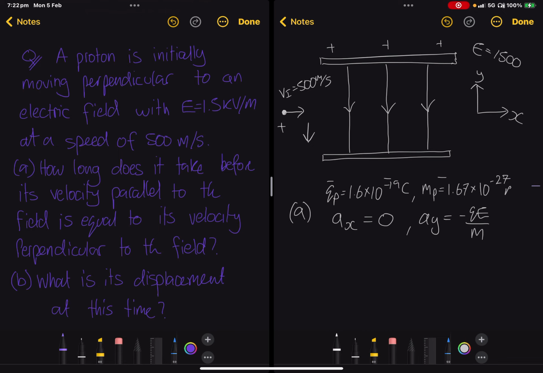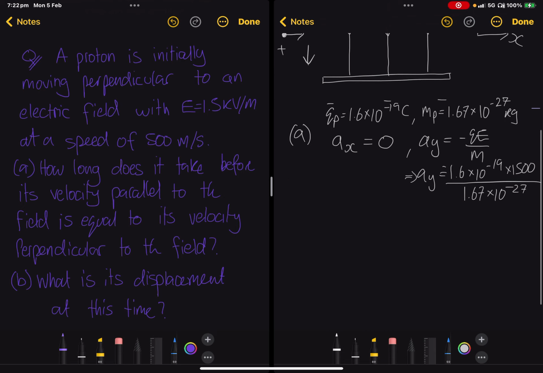So we get the acceleration in y is going to be equal to the negative of the charge, 1.6 times 10 to the minus 19, multiplied by the field, which we said was 1500, divided by the mass, which we said was 1.67 times 10 to the minus 27.